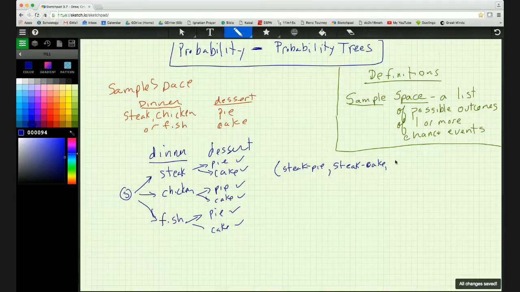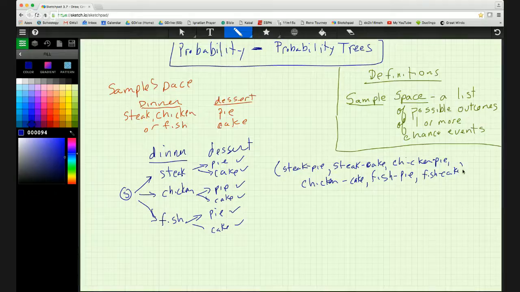And my third one is chicken, then pie, not chicken pie. Then I can have chicken, then cake, fish, then pie, and then fish and cake. So there are 6 elements in my sample space.